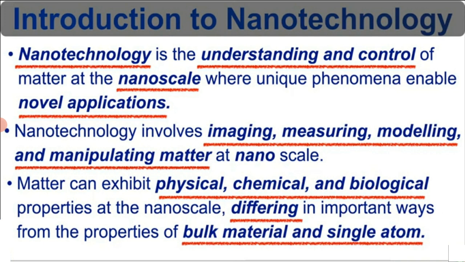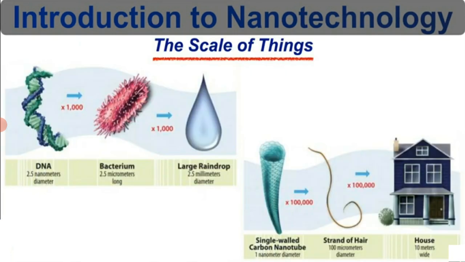Nanotechnology is the understanding and control of matter at the nanoscale, a unique phenomenon enabling novel applications. Matter can exhibit physical, chemical and biological properties at the nanoscale that differ in important ways from the properties of bulk material and single atoms.